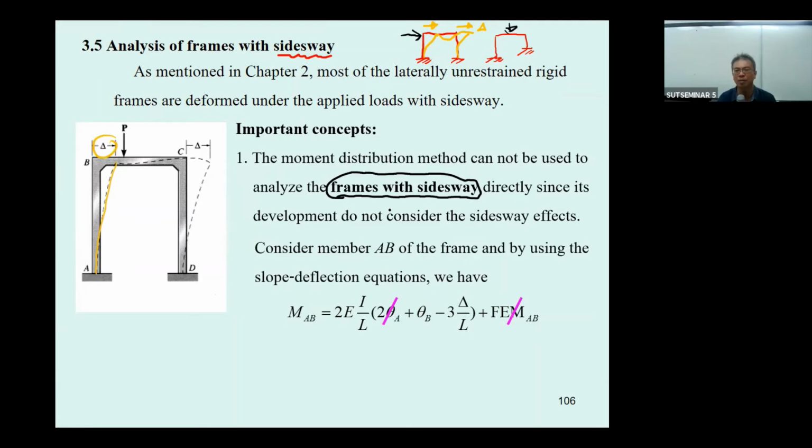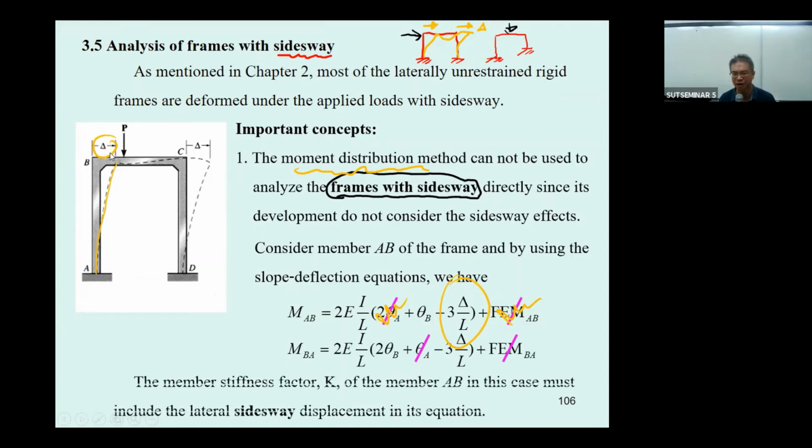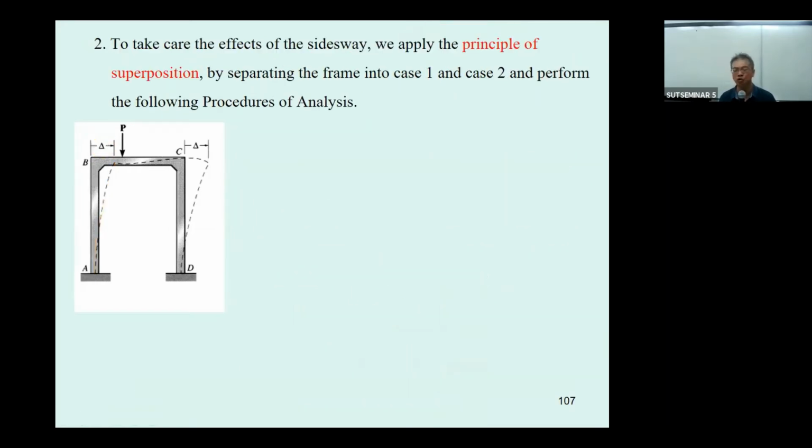When we consider the moment distribution, the theta sub A is gone, this one is gone. This term we didn't take into consideration, and that is the limitation of the moment distribution. So we have to do some modification to the moment distribution in order to take care of the sidesway.